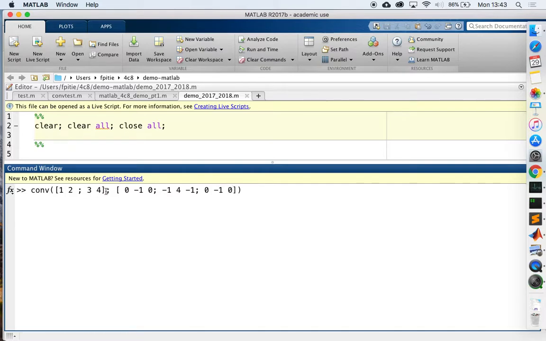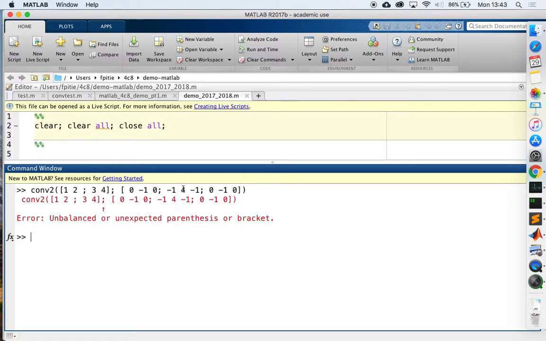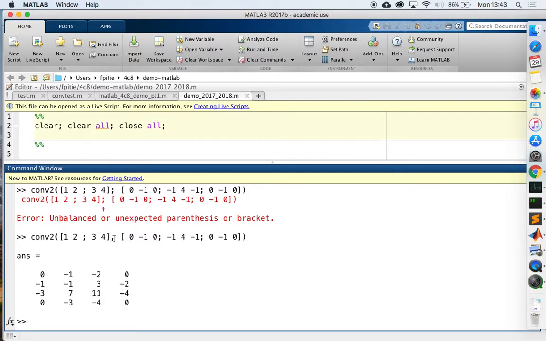All right, so that's my picture, and that's the definition of my mask. All right, so that's 4 is the central coordinate, and so when you do that, you get back this matrix, okay?